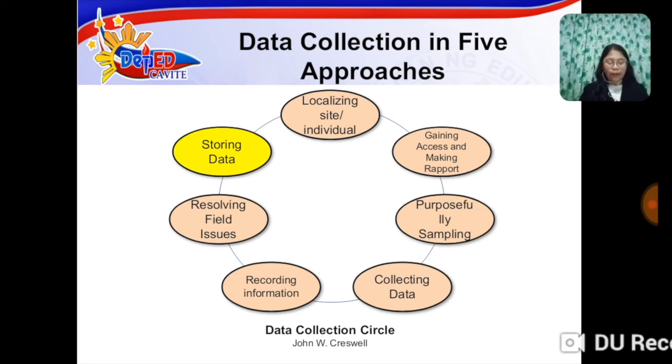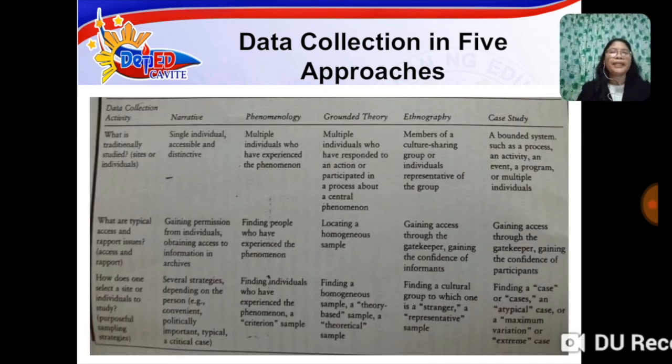For the ethno and case study, we are just going to store it through the field notes and transcription as well as the computer files. So, here is the complete flowchart of the 5 approaches using the data collection cycle of Creswell.